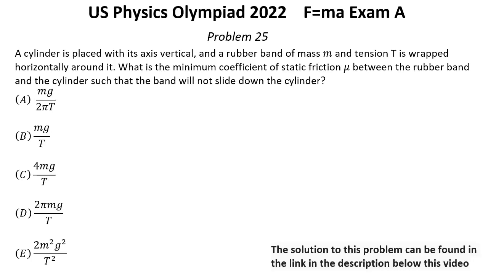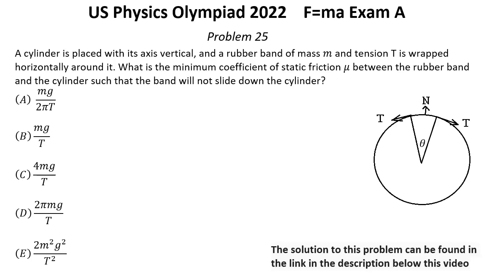Solution for problem number 25. Let's consider a small piece of rubber band in this picture. Suppose it subtends a small angle theta, and we can write the equation for horizontal equilibrium of this piece.